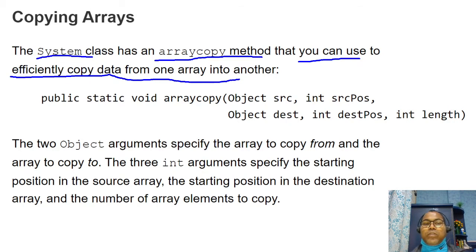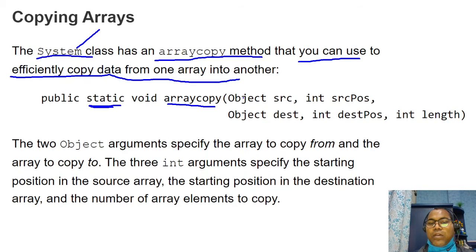System is a class, and one of its methods is arraycopy. This is a static method, which means you can invoke it from the class name, System dot arraycopy.